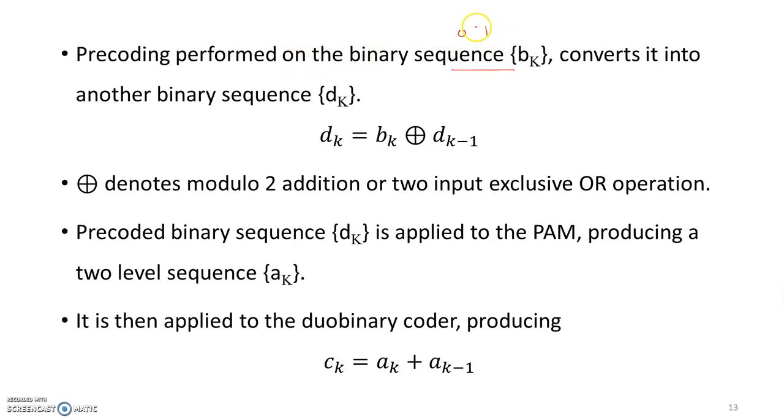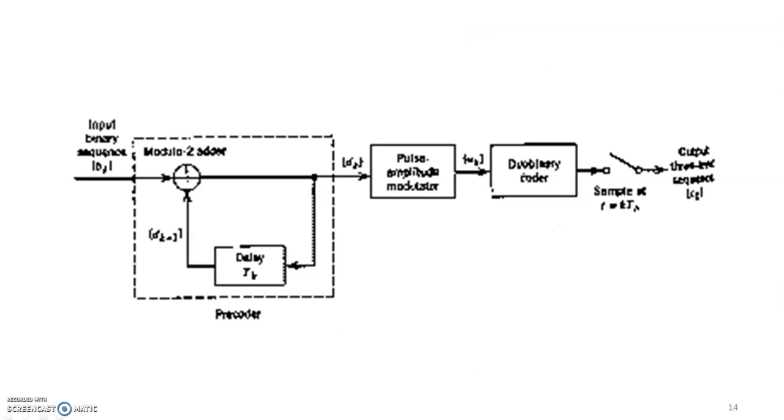It converts it into another binary sequence DK, where DK is given as BK exclusive OR DK minus 1. This operation is also known as modulo 2 addition or exclusive OR operation.